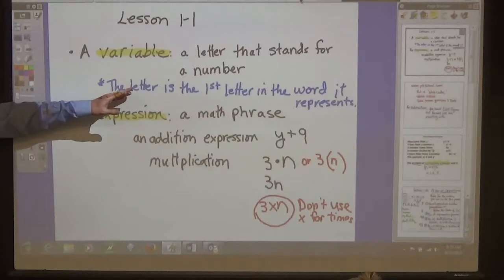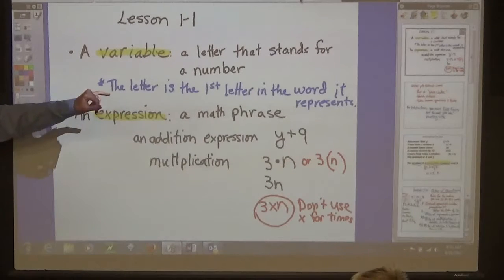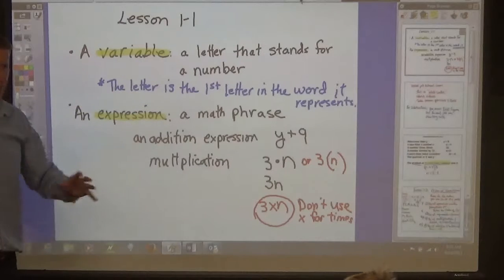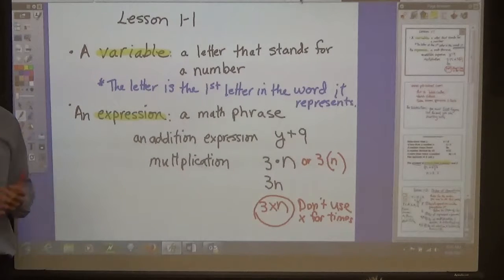Now, when selecting variables, you often select a letter that makes sense in the problem that we're doing. So if we were finding the number of yards in, let's say, 60 feet, okay?